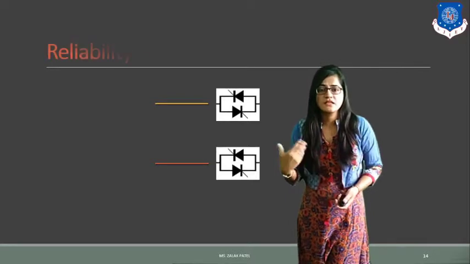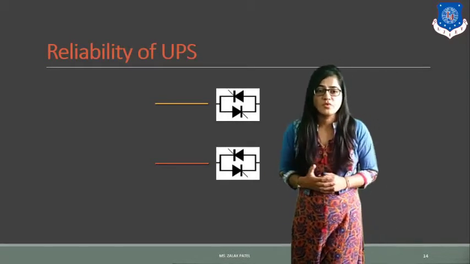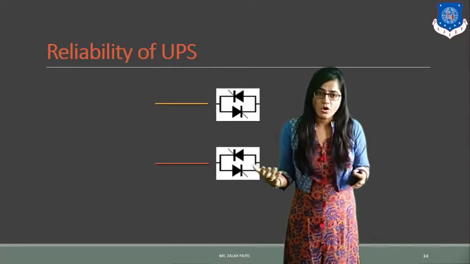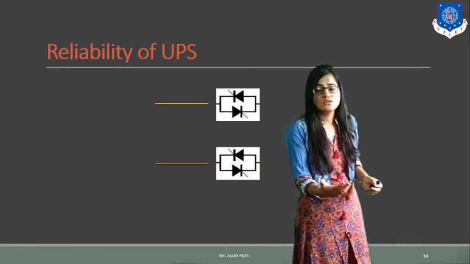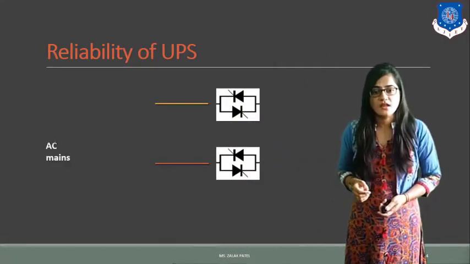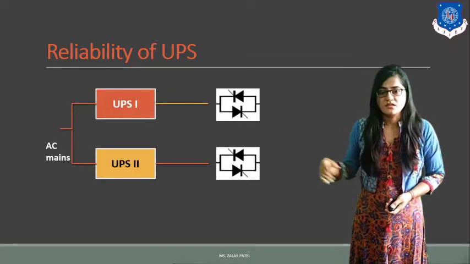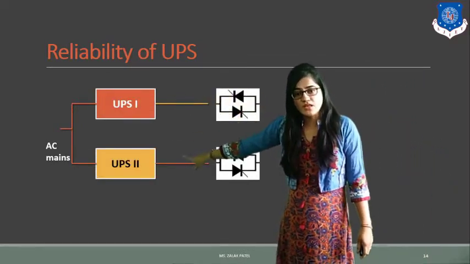Now let's see the reliability of UPS. In the block diagram, two static switches are there. These two static switches are for two different UPS, like the AC mains is connected with two different UPS, UPS 1 and UPS 2.